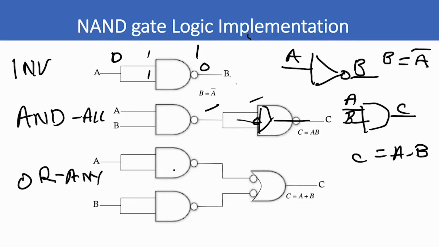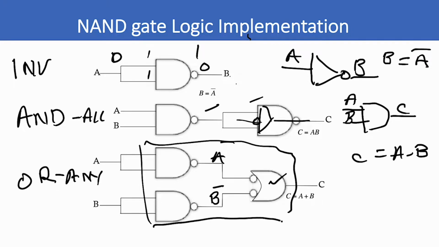Okay, what's this one here? Well, this one here is 3 NAND gates, because this is the alternate representation of a NAND gate. So the first NAND gate is just an inverter. It's inverting A to A bar. So this is A bar here. This is inverting B to B bar, and this says any low gives a high. So you can think about this whole grouping of 3 gates as performing the function of an OR gate.